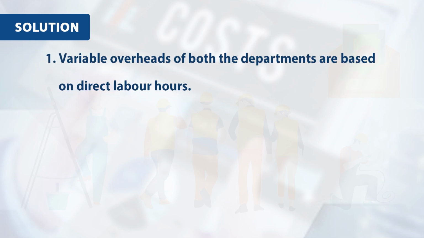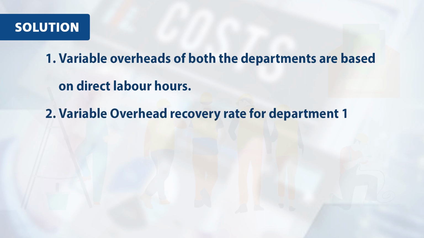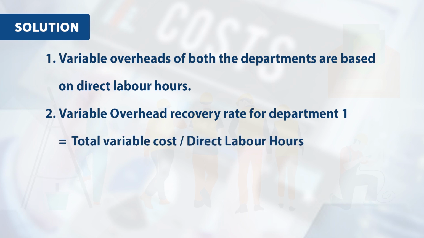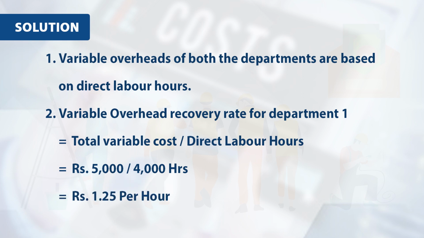Let's solve this example. First, variable overheads of both the departments are based on direct labor hours. Second, the variable overhead recovery rate for Department 1 is equal to total variable overhead divided by direct labor hours, which is rupees 5,000 divided by 4,000 hours, giving us a rate of rupees 1.25 per hour.